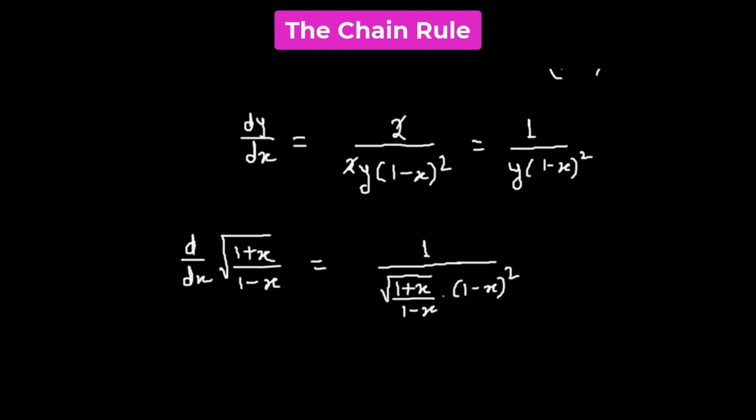So that will be equal to the square root of 1 minus x divided by the square root of 1 plus x multiplied by 1 minus x whole squared.